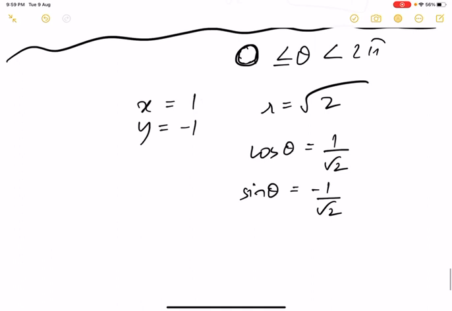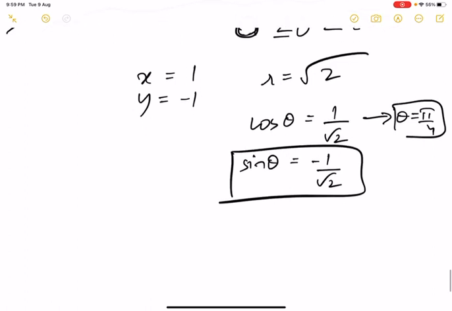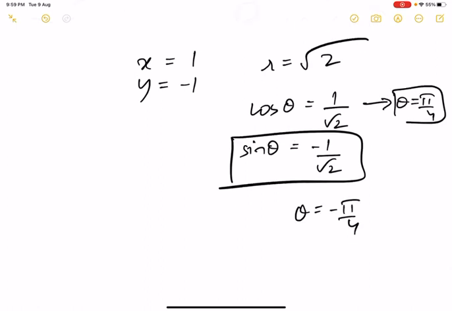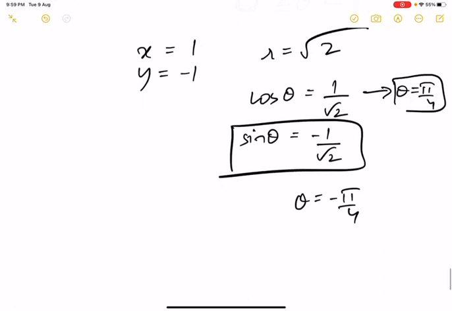What will be the theta value? From this I can say theta is pi by 4, but theta is equal to pi by 4 will not satisfy this. It won't satisfy sin theta is equal to minus 1 by root 2. So in this situation, if you take theta is equal to minus pi by 4, because we studied the very simple procedure for conversion of negative from positive to negative for sine, that is sine of negative theta is just negative sine of theta.